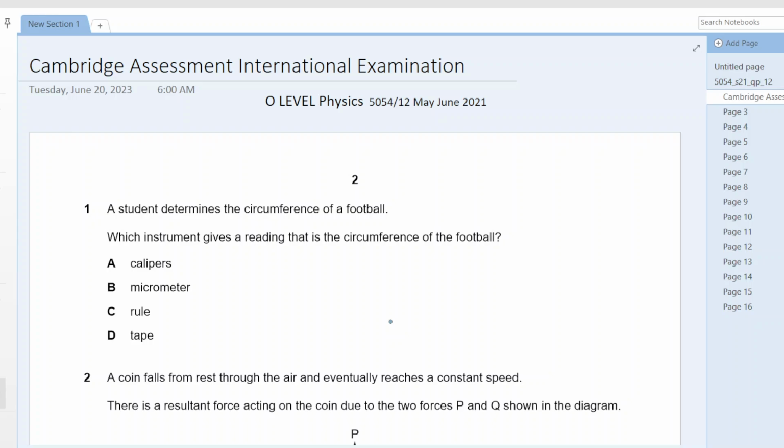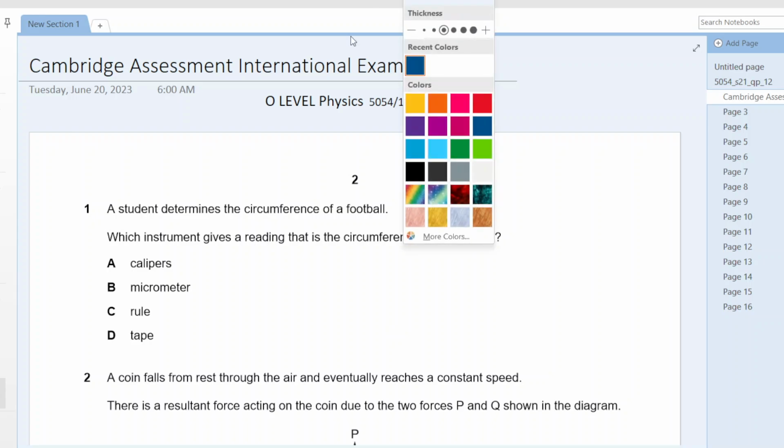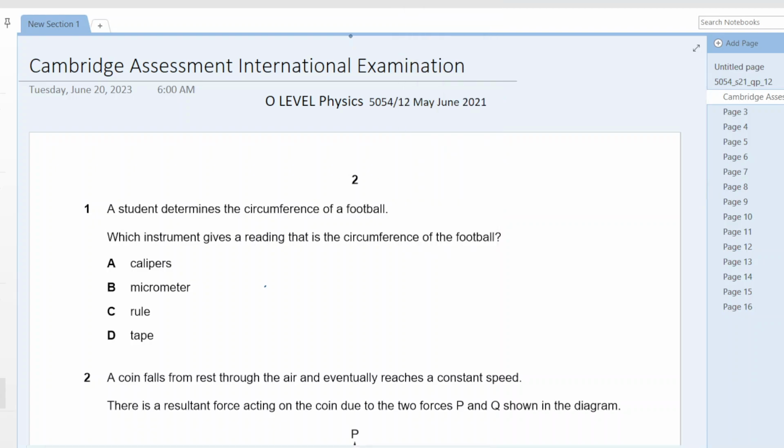In this case, you can use a meter rule, but you will find the diameter, which doesn't directly give the circumference.